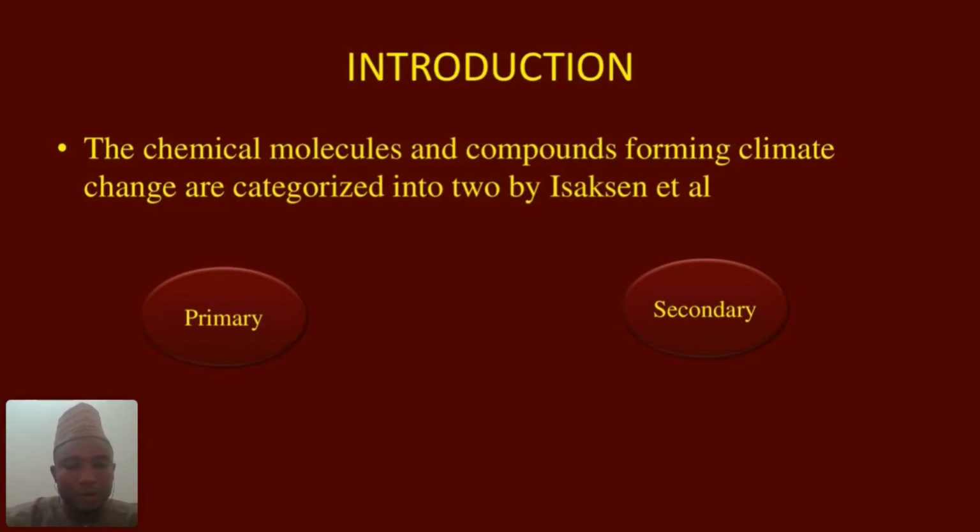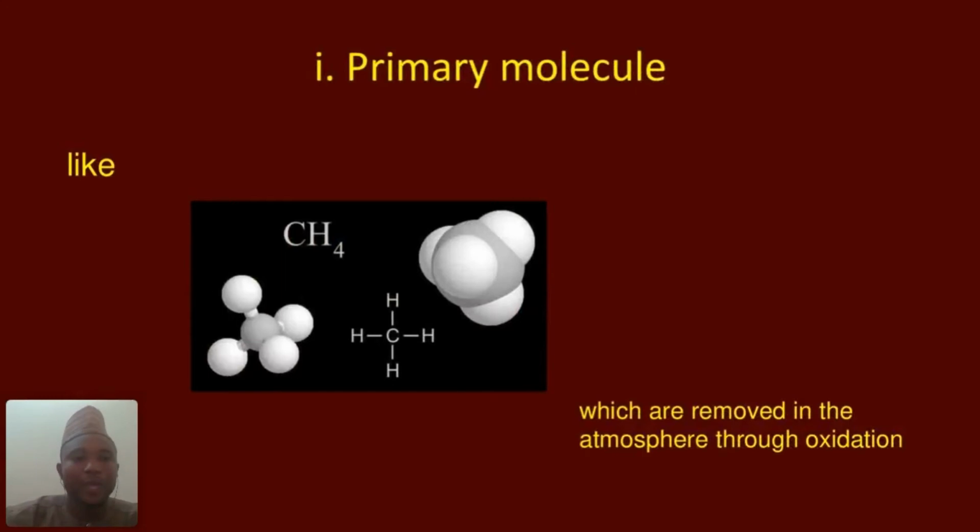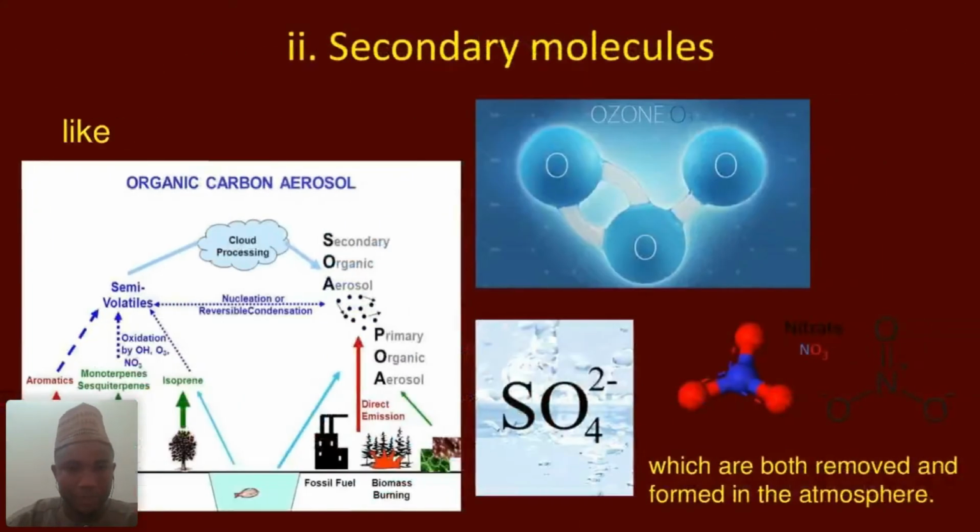There is what he called a primary molecule, and there is a secondary molecule. A primary molecule like methane is removed from the atmosphere through the process of oxidation. Methane exists in our atmosphere naturally, but through oxidation and the inducement of some chemicals that hinder oxidation, methane is removed from the atmosphere.